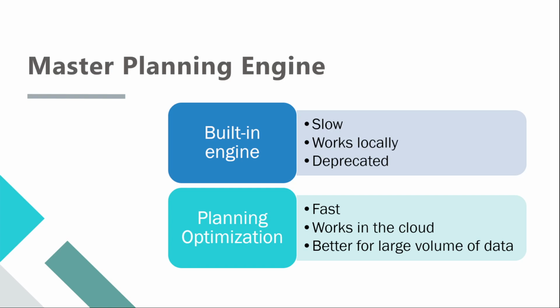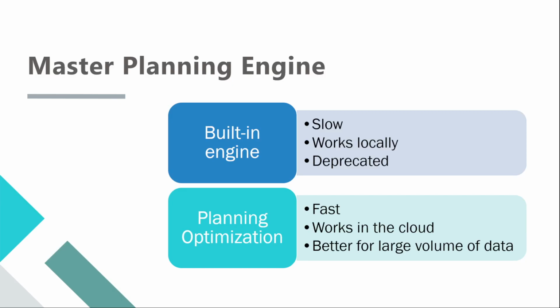It runs planning calculations directly on your company servers. It has been around for a while, so it is very feature rich. It can handle all kinds of complex scenarios, but because it runs on the same environment as your main application, it can be slow, especially when you are dealing with lots of data, and it can slow down other operations while it runs.